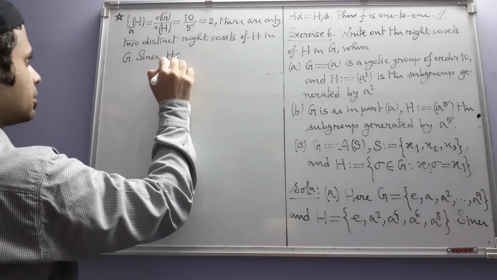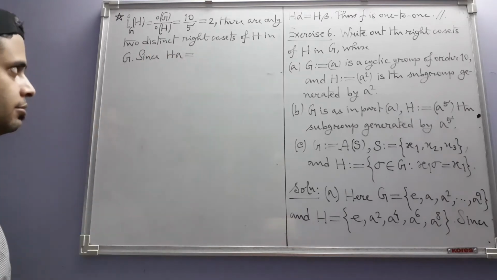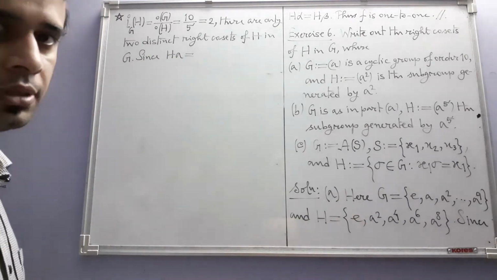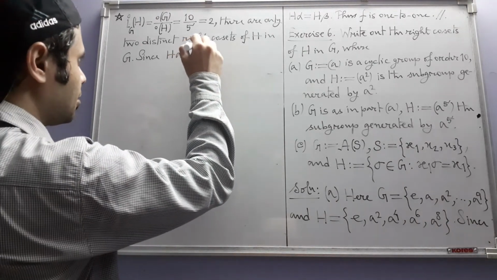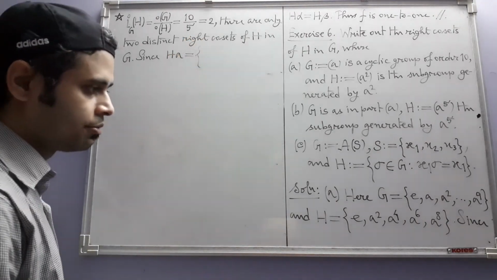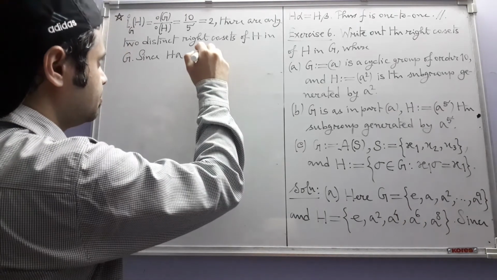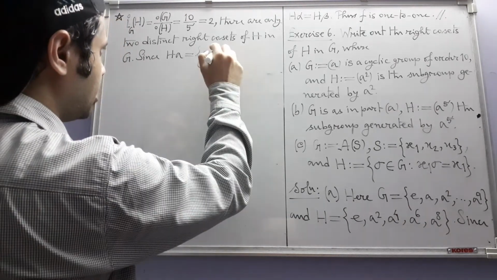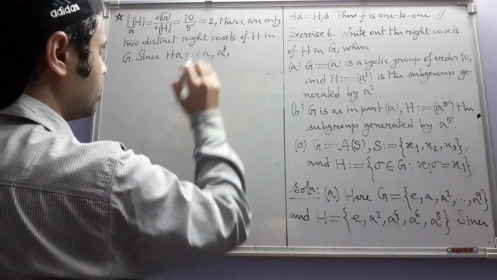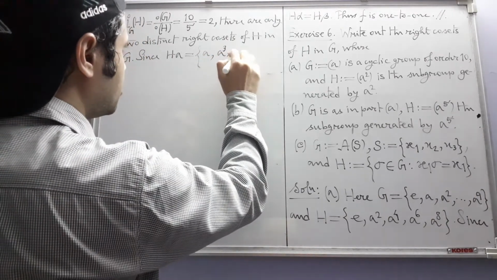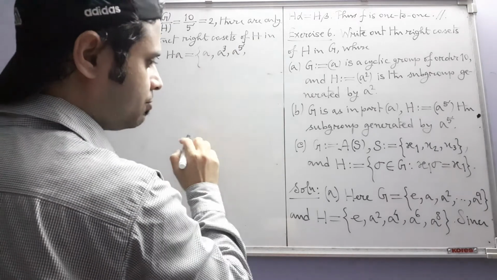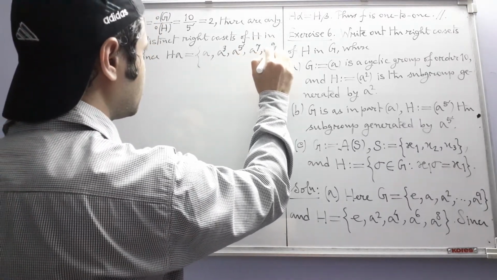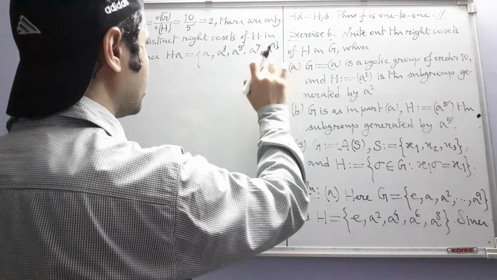Okay, what about the right coset Ha? Let us actually calculate. Since we have the elements of H, we can calculate Ha. You multiply all the elements from the right by a, so the exponents will increase by 1. a cubed, a to the power 5, a to the power 7, and a to the power 9.